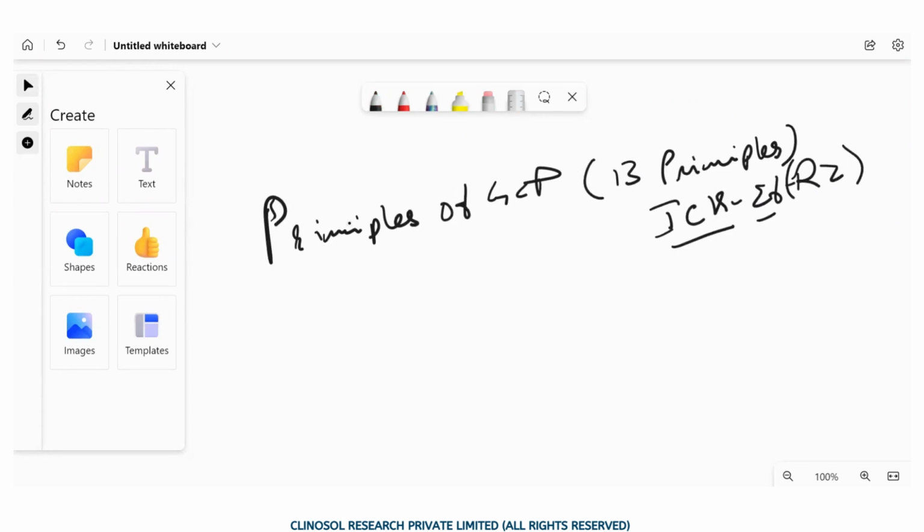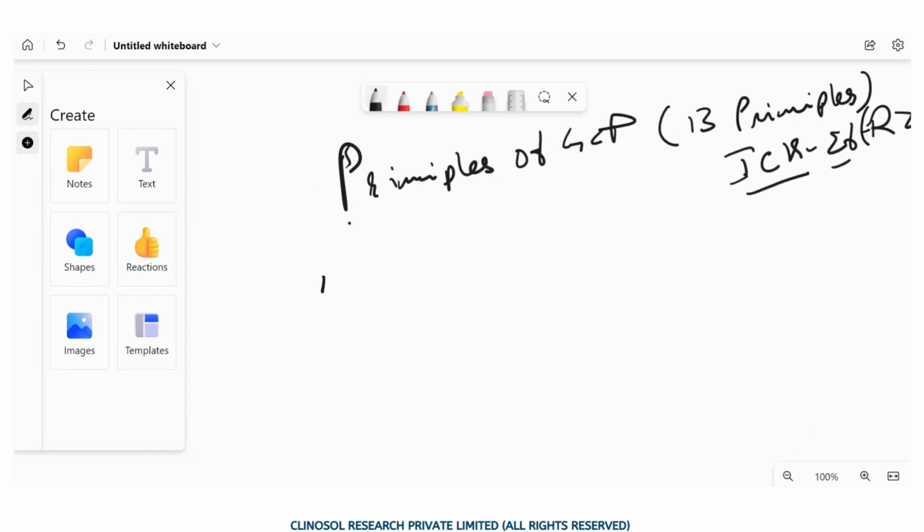Now I'll continue with the principles one by one so that we can see how the principles are used. So principle number one. We need to remember 3 words: Declaration of Helsinki, GCP, and applicable regulations.